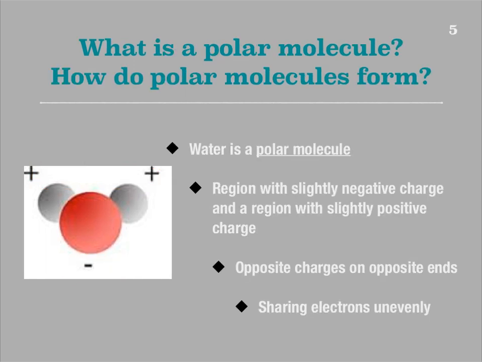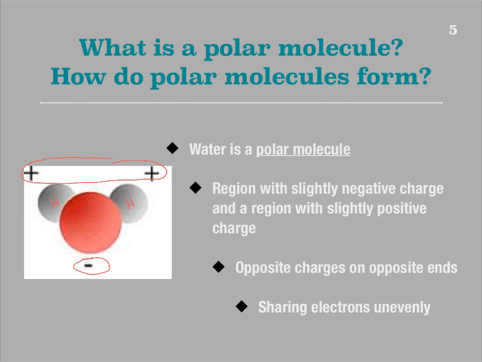Okay, so what a polar molecule is, like I said in the last slide, these areas of slight positive charge on this side and slight negative charge on this side. This comes from the sharing of electrons. As you can see, this is water, hydrogen and oxygen.